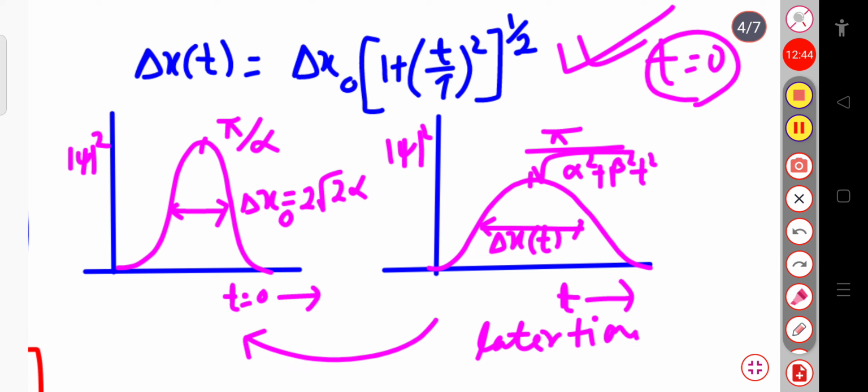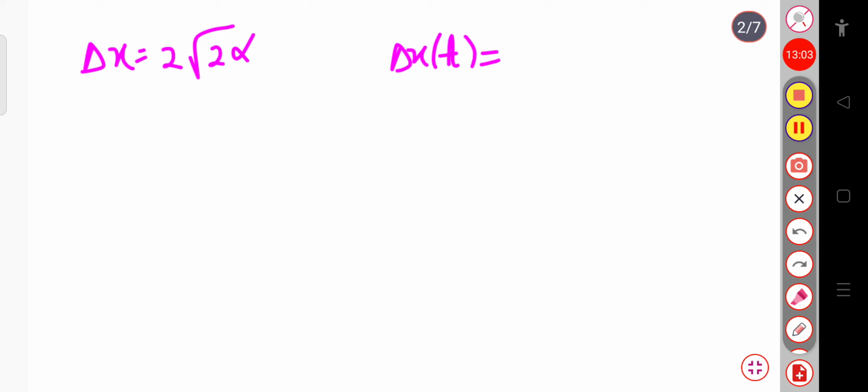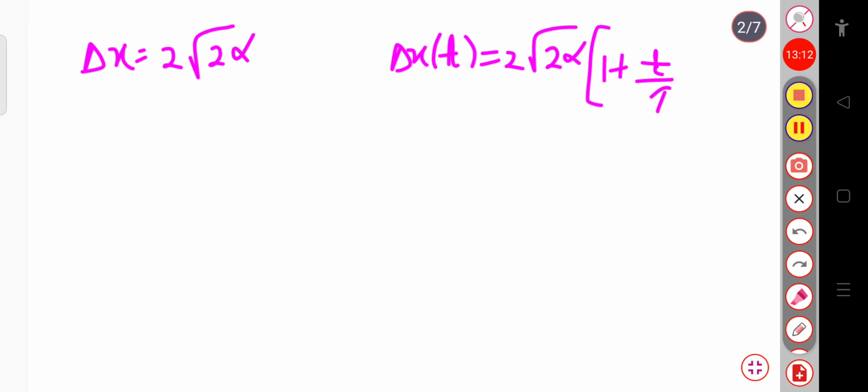So what we see is that at time t equal to 0, initially delta x equals 2 into root over 2 alpha, but at later time t, delta x at time t is equal to 2 into root over 2 alpha, into (1 plus (t by T) whole square) power 1 by 2.